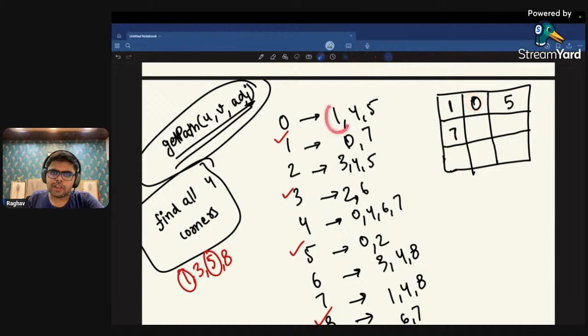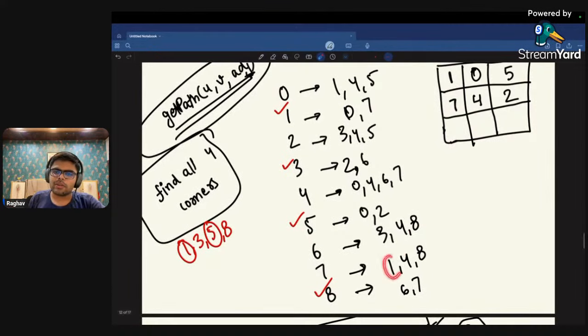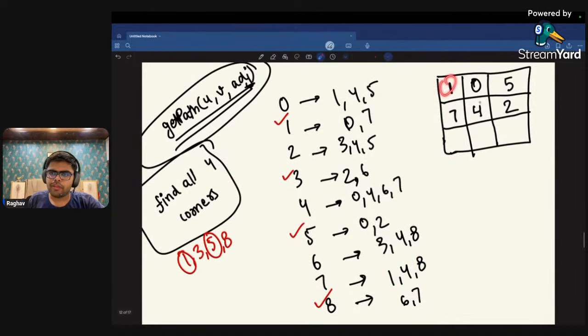It has three neighbors 1, 4, 5. 1 and 5 are placed, so 4 must come here. Place 4 here. Then you have 5. 5 had two neighbors 0 and 2. 0 is placed, so place 2 here. Then you have the cell 7. 7 had three neighbors 1, 4, 8. 1 and 4 are placed, so place 8 here.